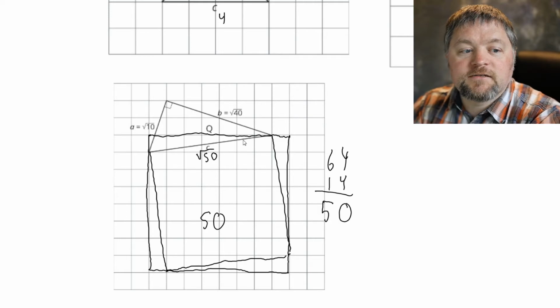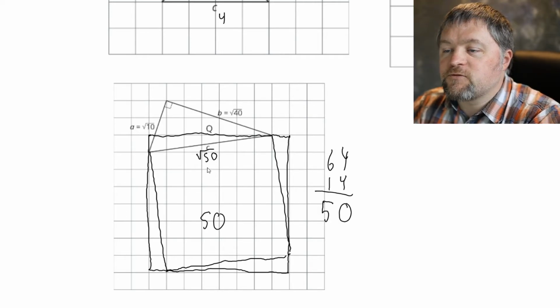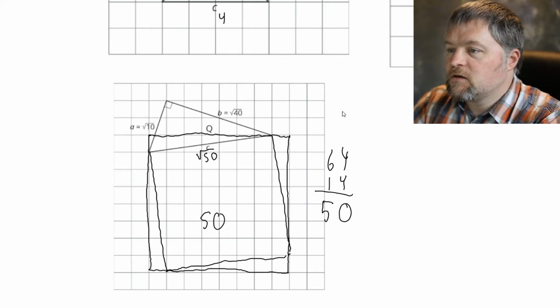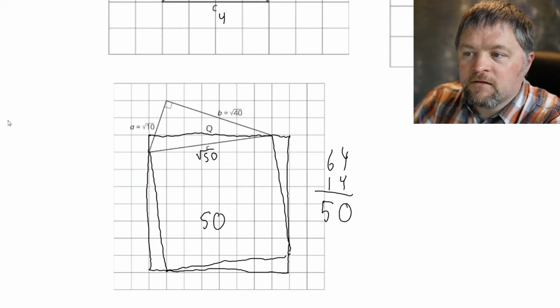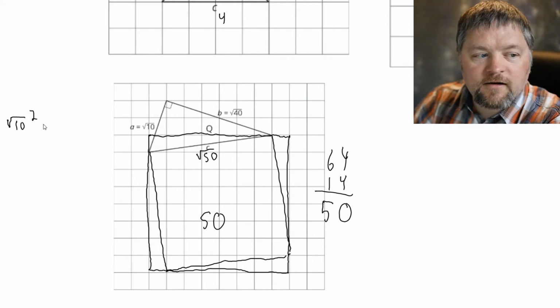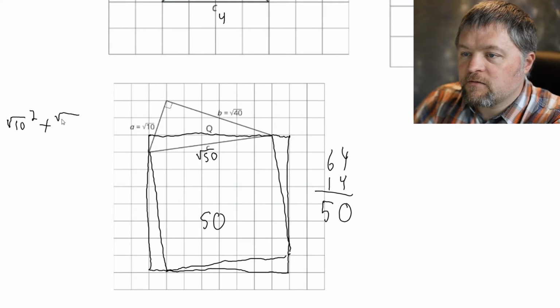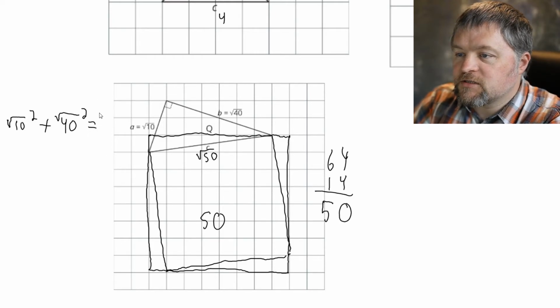Now it wanted us to find out if A squared plus B squared equaled C squared again on this one. So for this one, A is the square root of 10 squared plus B, which is the square root of 40 squared, equals C, which is the square root of 50 squared.